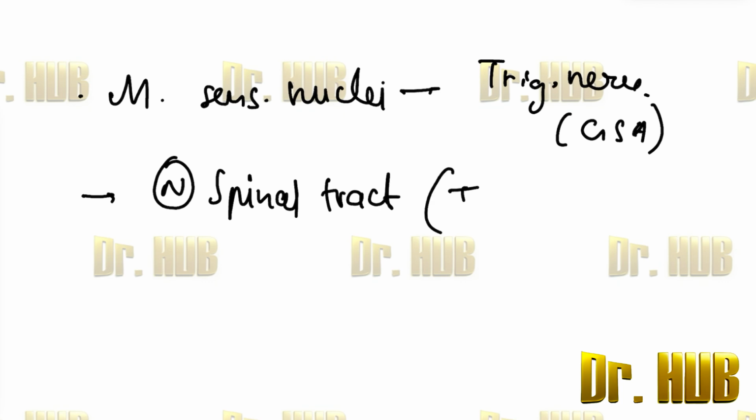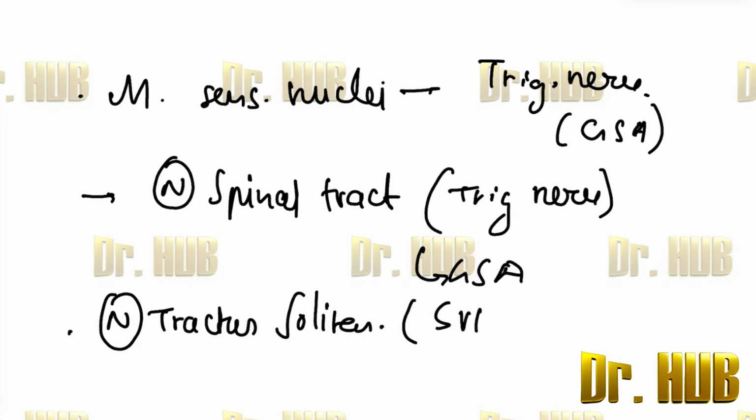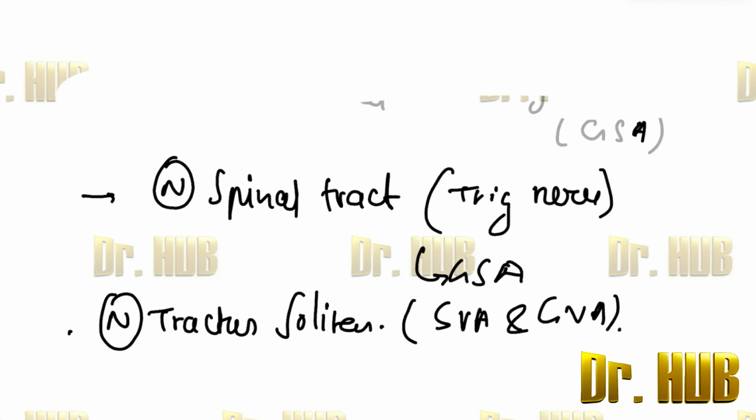This is nothing but again the GSA. Next, what we have is the nucleus of tractus solitarius, that includes the SVA and the GVA. So this was about the alar lamina.